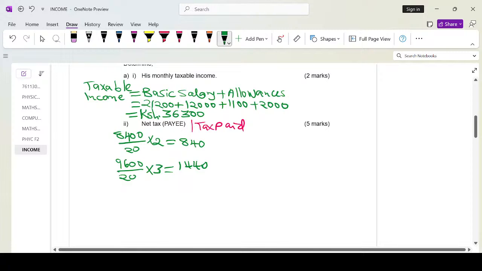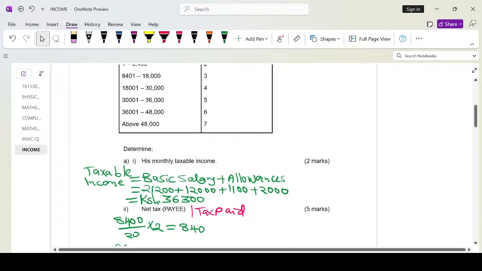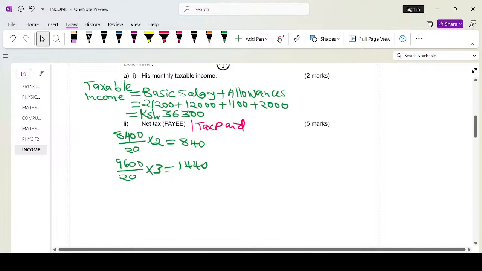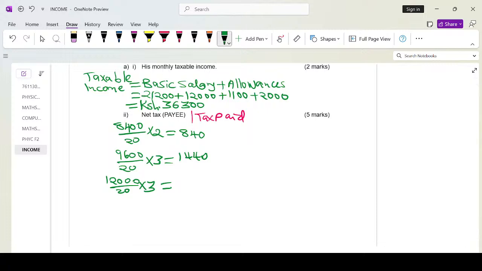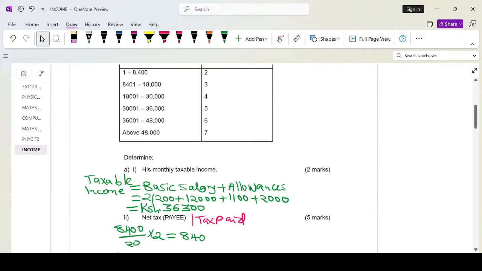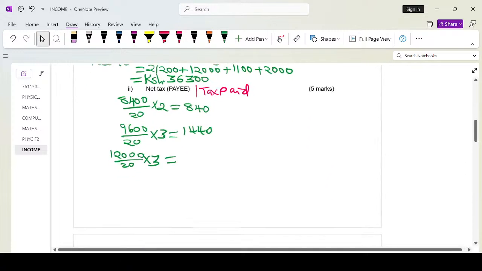Then we go to the next band. That is now 30,000 minus 18,000. You are going to get 12,000. And in this 12,000 that we've gotten, learners, for every 20 shillings in 12,000, we are charging, sorry, not 3 shillings but 4 shillings.